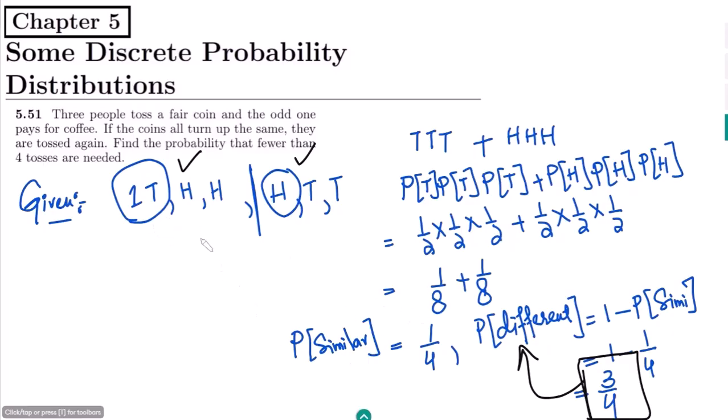Now, in order to find the probability that fewer than 4 tosses are needed, let me write the solution here.